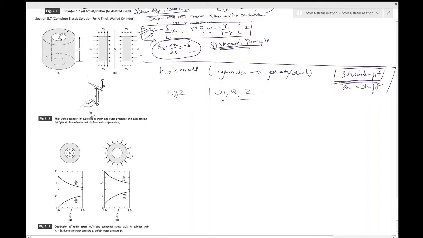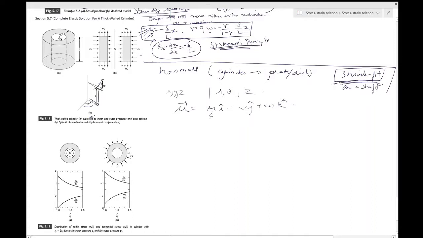And then if you want to write the displacement of this particular point, P has moved to P dash. In the Cartesian system, this displacement could have been written as u i cap plus v j cap plus w k cap. So that is what u, v and w are.